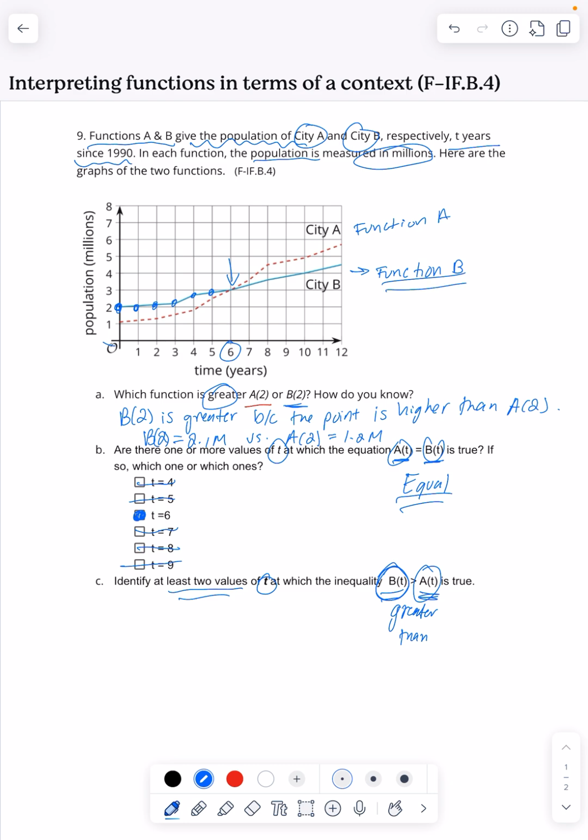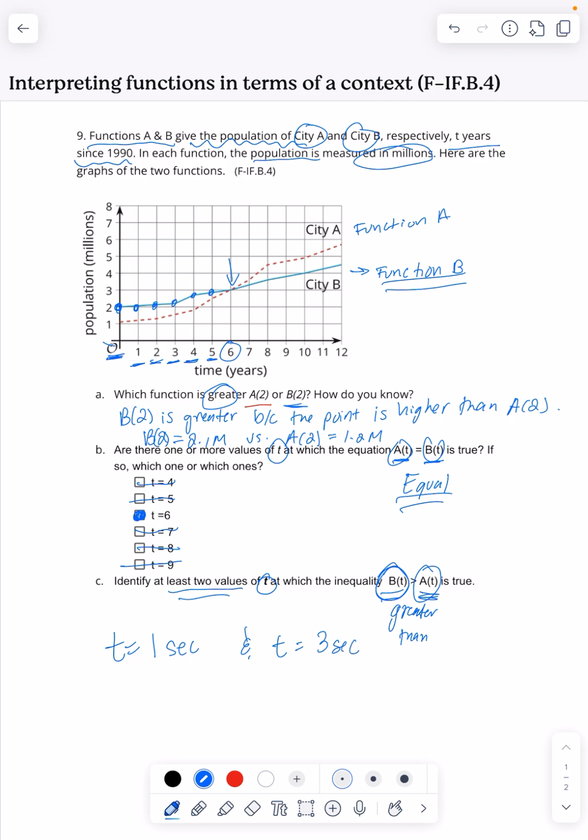We're looking for values of t where B sub t is greater. So that's the blue line. They say to just choose 2 points. So I could say at t equal to 0 or 1 or 2 or 3 or 4 or 5. They're only asking me to choose 2. So I'm going to say at t equal to 1 second and at t equal to 3 seconds.